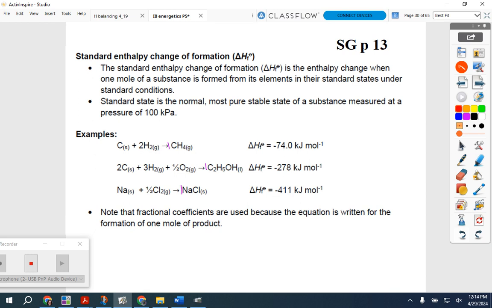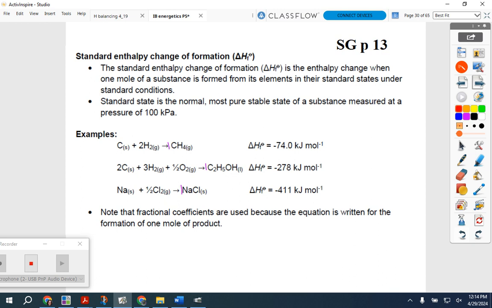Standard enthalpy of formation is the enthalpy change when 1 mole of a substance is created from the elements that make it up in their standard states. Okay? And the standard state is the normal, pure, stable state measured at standard pressure, which is 100 kilopascals for IB. And we can look up these numbers in a table in your data booklet, for example.